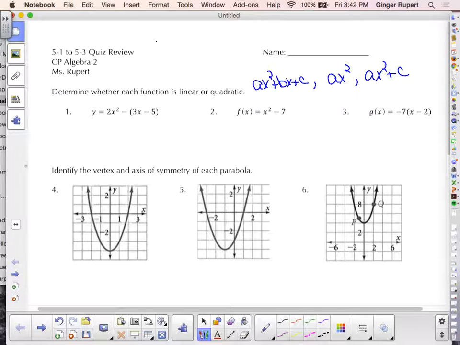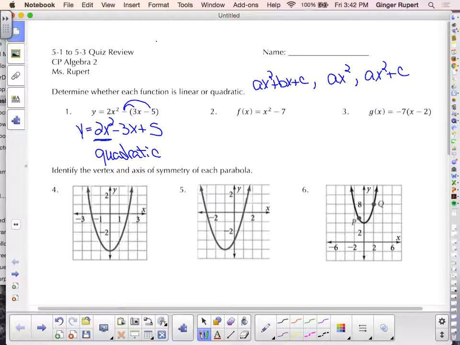You have to distribute this negative sign inside the parentheses. So we have y is equal to 2x squared minus 3x plus 5. There's my squared term. I don't have any value higher than that. That makes this quadratic. Next, I can just look at it.